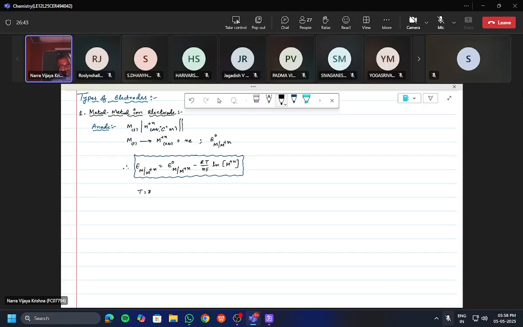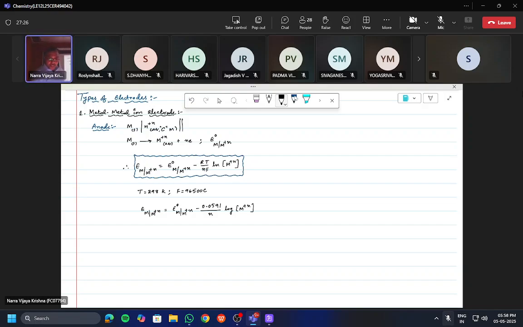If T equals 298 Kelvin and F equals 96,500 coulomb, then the same equation E can be written as E naught of M to M plus n minus 0.591 divided by n into log of concentration of M plus n. Correct?